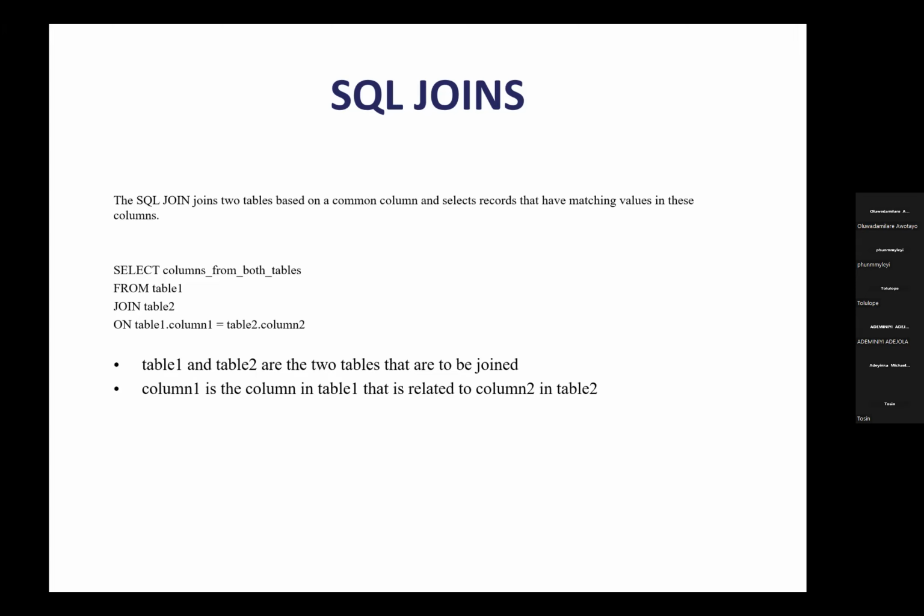There are ways by which we can actually do that. According to the standard, when you are joining 2 tables, you join the 2 tables based on a common column. So there must be an element of commonality in any of the tables that you want to join. Let it be 100, let it be 10, let it be anything. There must be elements of commonality. So you need to check first: this is table A, how does it relate to table B?